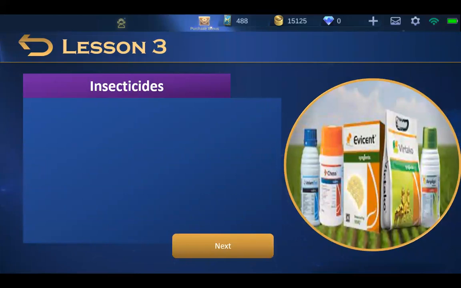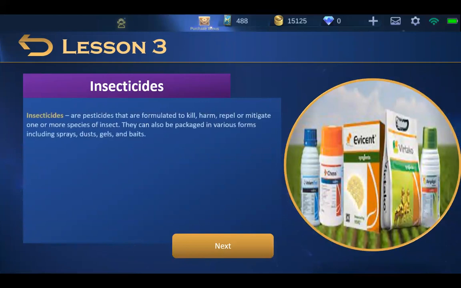Now let's proceed to discuss insecticides. Insecticides are pesticides that are formulated to kill, harm, repel, or mitigate one or more species of insect. They can be packaged in various forms, including sprays, dust, gels, and baits.